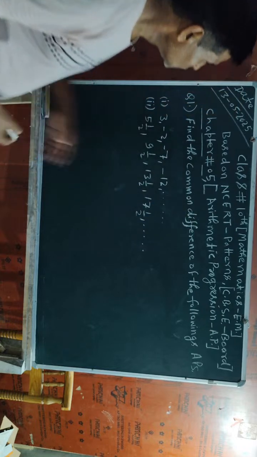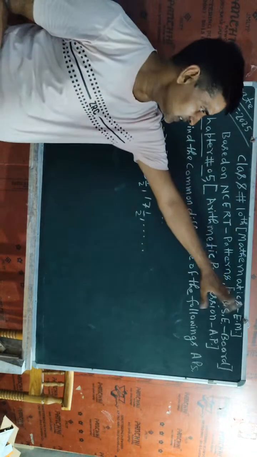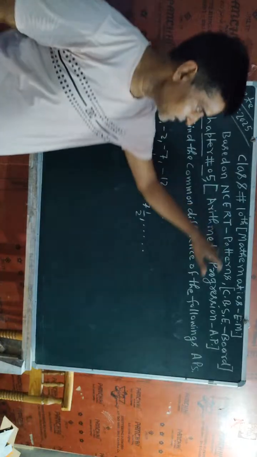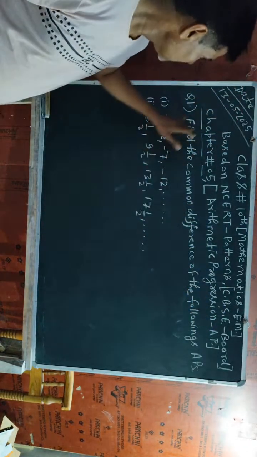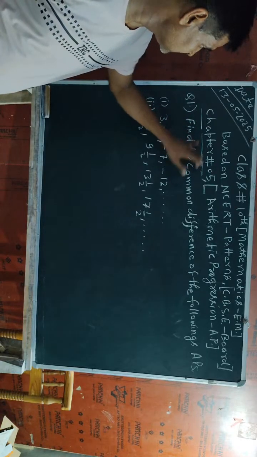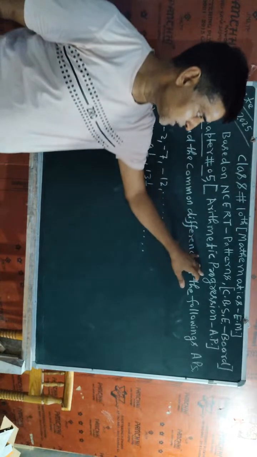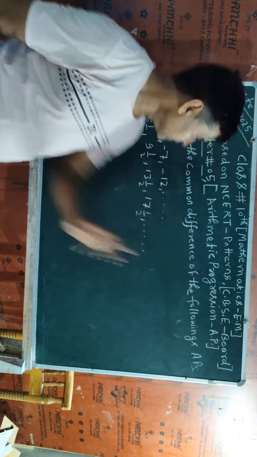This is chapter number 5, and its name is arithmetic progression, also written in short form as AP.